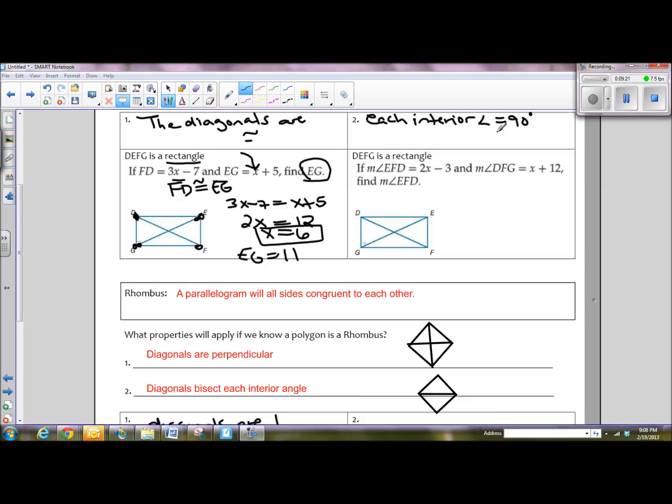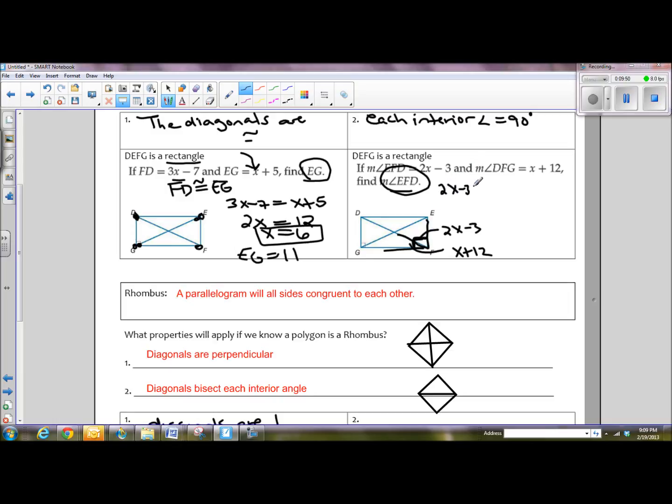Okay, the second property, each interior angle is 90 degrees. If we know that the figure is a rectangle, and EFD, E to F to D here, is 2x minus 3, and DFG here is x plus 12. Well, in order to find x and then the measure of EFD, we would use the fact that these two angles together are 90 degrees.